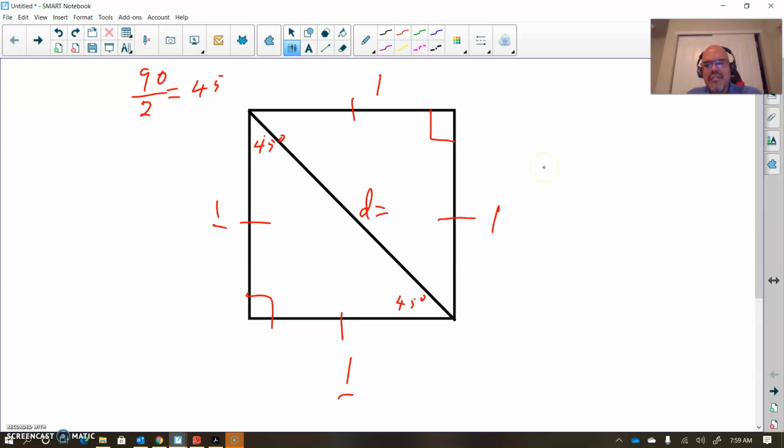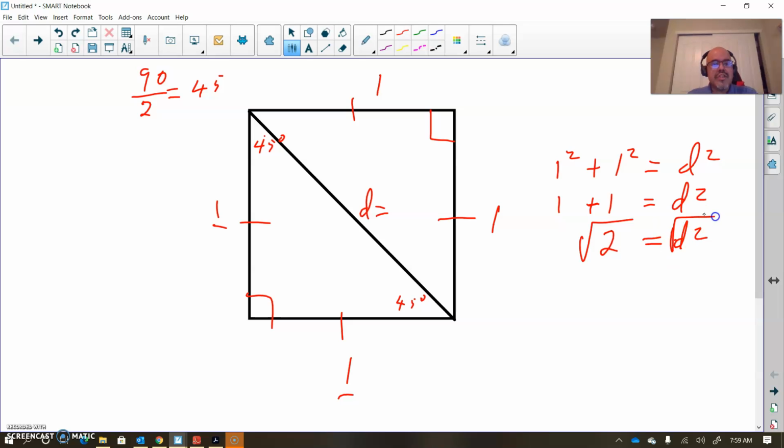Since we have legs and legs, this is going to be leg squared, which is 1 squared, plus the other leg squared, which is equal to our diagonal squared. Now we're going to solve for the diagonal. So 1 squared is 1, plus 1 squared, which is also 1, equal to d squared. This gives us 2 equal to d squared. Then we just take the square root of that.